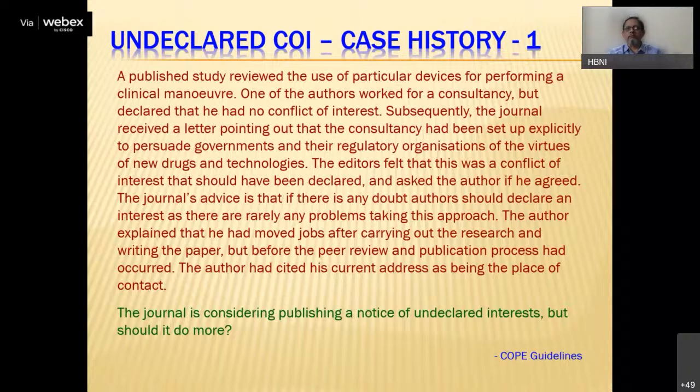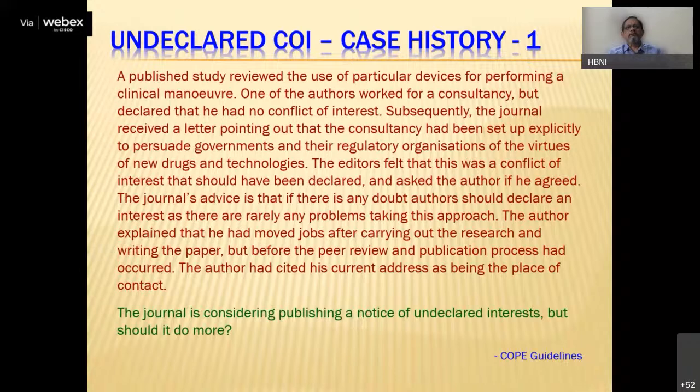Nothing is going to happen, except that if there is an issue, the journal editor will come back to the author and inform him that this could have serious implications. Then he cannot go ahead with the publication, or maybe he has to make some corrections.